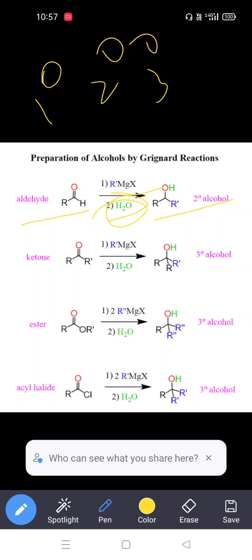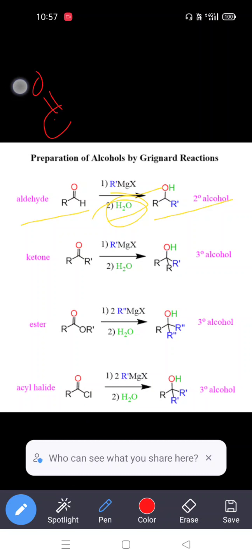Okay, let's start with these examples. So, aldehyde reaction with RMgX. What is happening? The aldehyde has a carbonyl group. What are the charges between the carbon and oxygen? We know the carbon always has a positive charge and the oxygen has a negative charge.